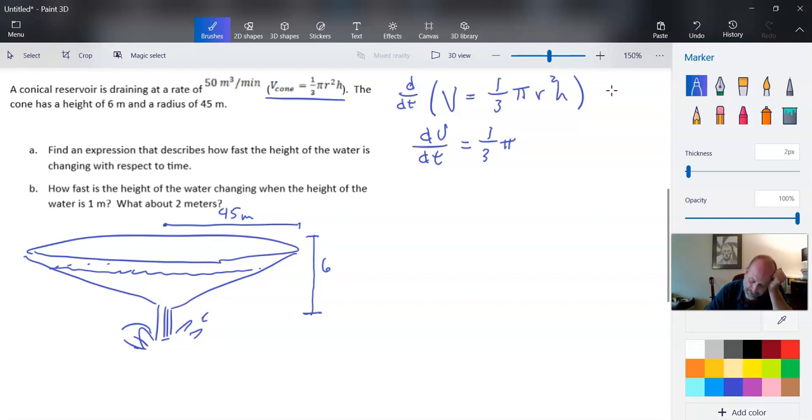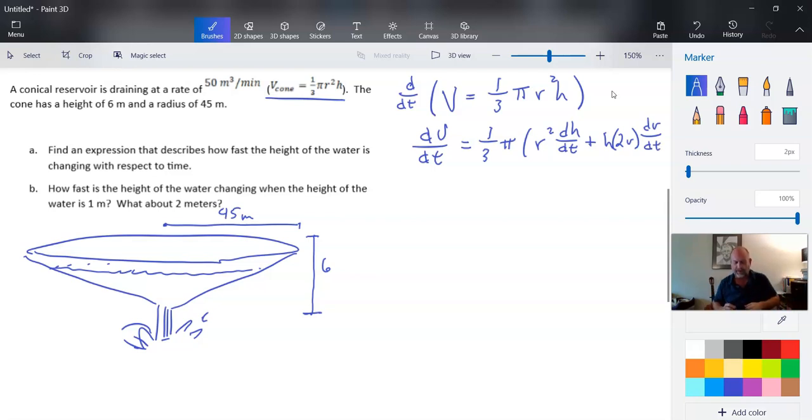And the derivative of r squared h, that's a product, so we're going to use the product rule. r squared times dh/dt plus h times 2r dr/dt.